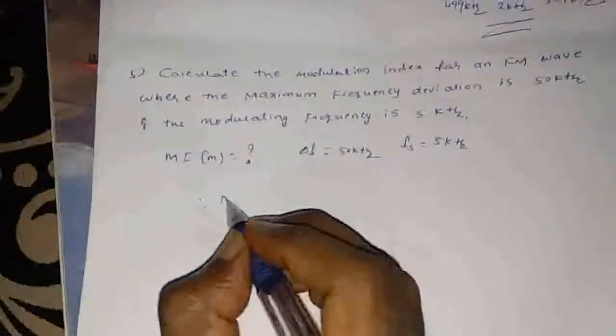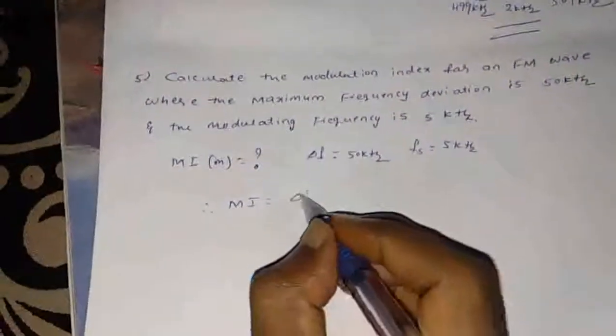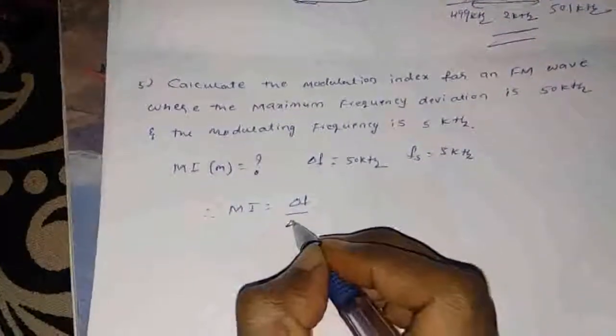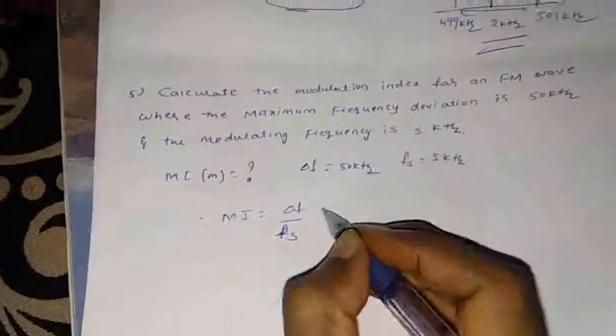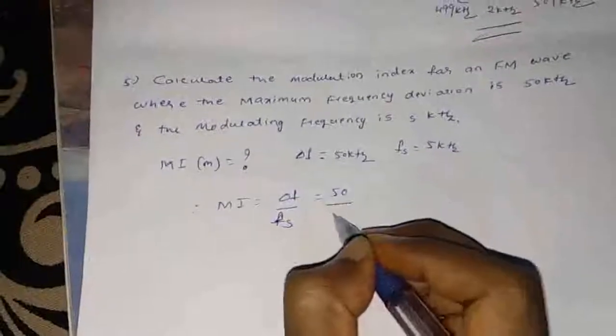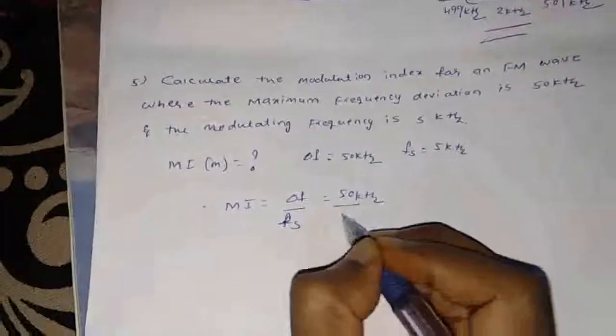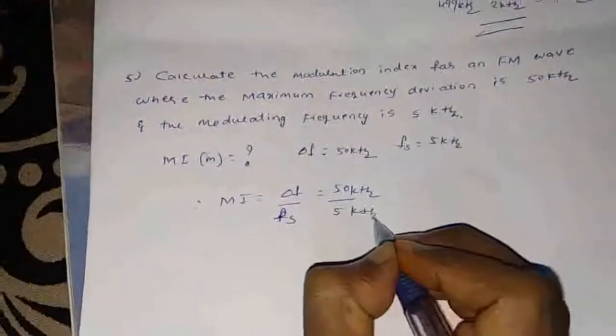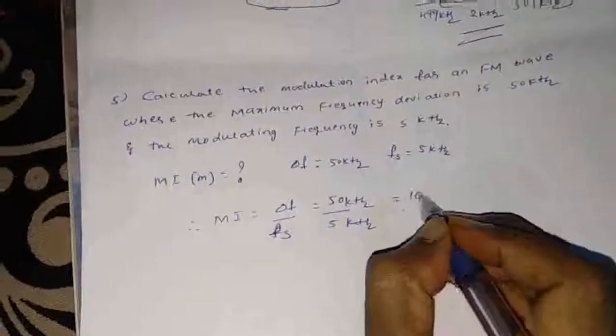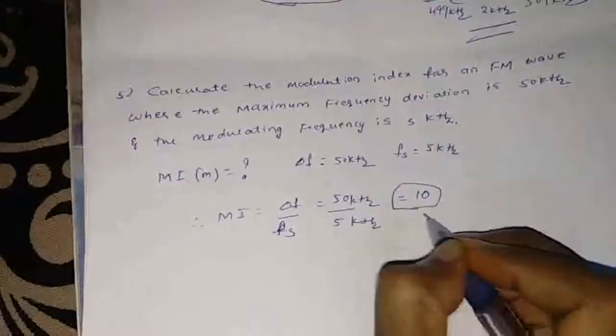So the modulation index is equal to delta f divided by fs. Delta f is 50 kilohertz and fs is 5 kilohertz. So we get a modulation index of 10.